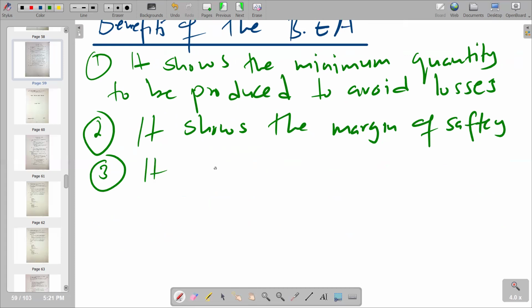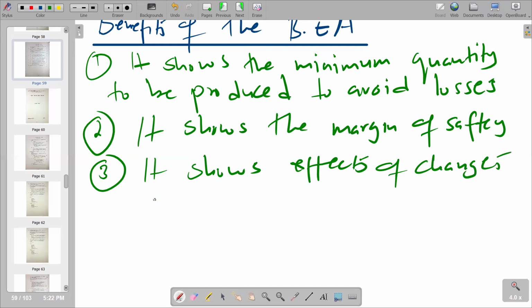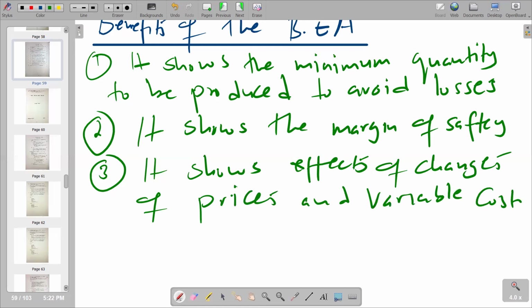It also shows effects of changes in prices and also variable costs. So this is what we have in terms of benefits of the break-even point.